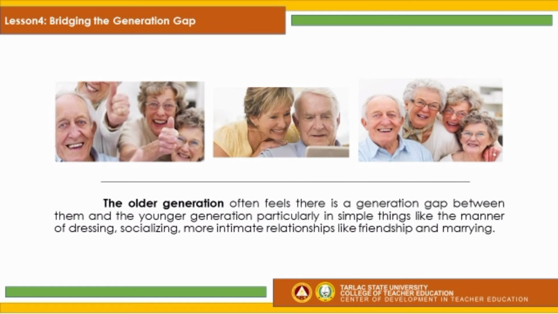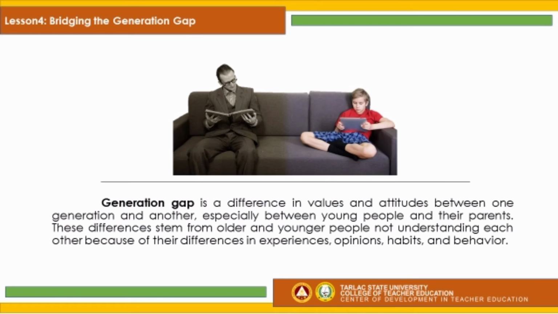The older generation often feels there is a generation gap between them and the younger generation, particularly in simple things like the manner of dressing, socializing, and more intimate relationships like friendship and marrying. A generation gap is a difference in values and attitudes between one generation and another, especially between young people and their parents.